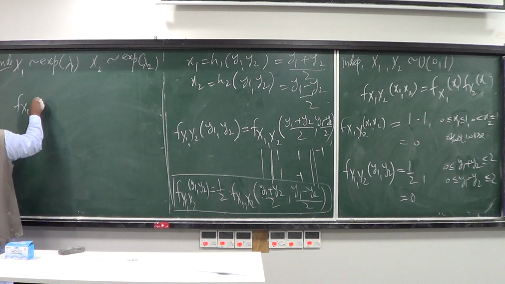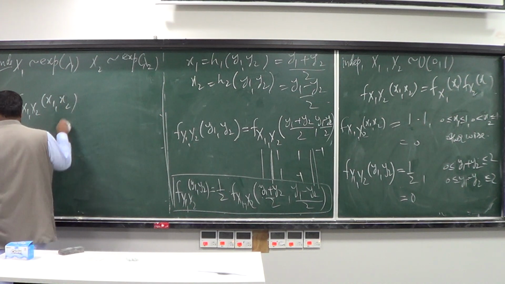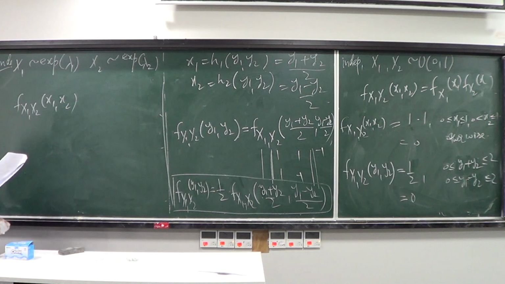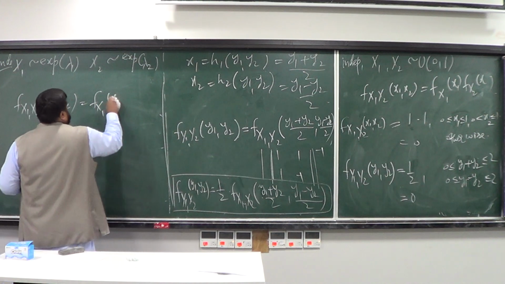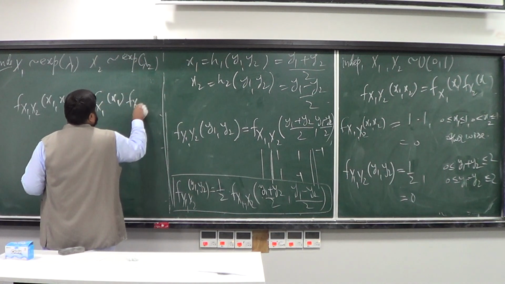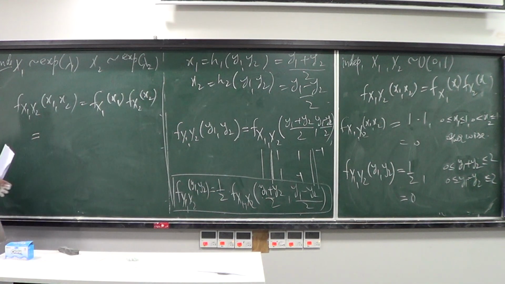Now what would be the joint PDF of this? f of x1, x2 at x1, x2 is going to be equal to f of x1 at x1 times f of x2 at x2. Now what is the formula for an exponential random variable with parameter lambda 1?